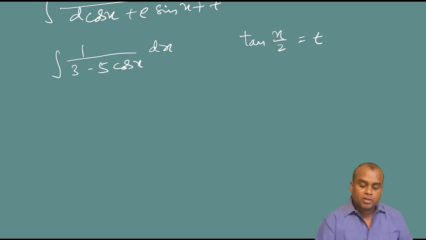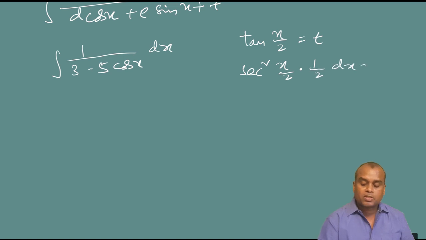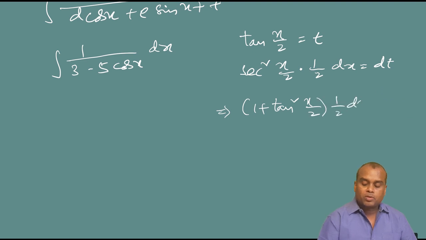So you differentiate. You will get secant square x by 2 into 1 by 2 into dx is equal to dt. Now this secant square x by 2 I will write as 1 plus tan square x by 2, into 1 by 2 dx is equal to dt. Now observe that tan x by 2 is t, therefore this becomes t square.